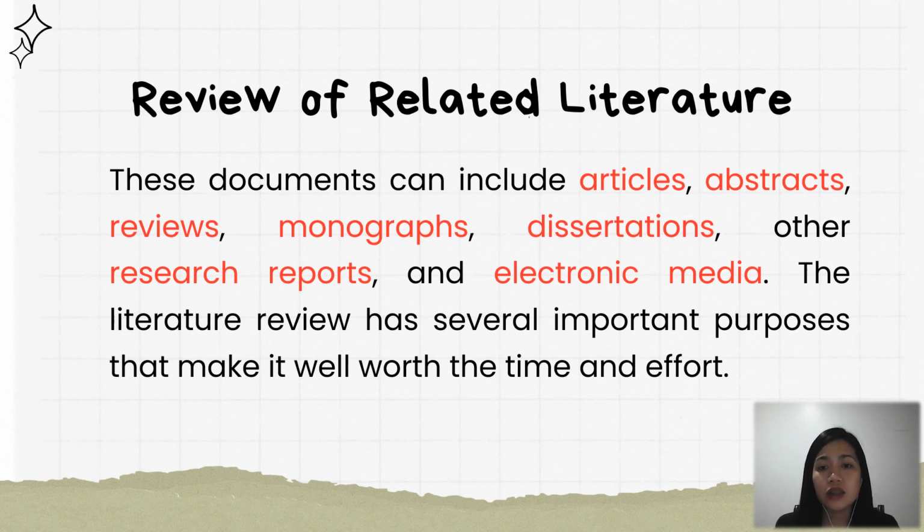These documents can include articles, abstracts, reviews, monographs, dissertations, and other research reports, and electronic media. The literature review has several important purposes that make it well worth the time and effort.